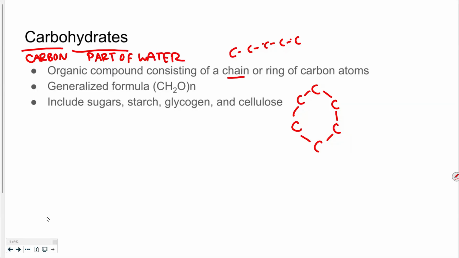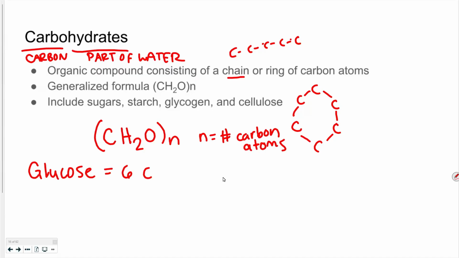And so we're going to use the general formula of carbon plus the parts of water to figure out the chemical formula of any carbohydrate that we're interested in. And they have this general formula of CH2O times N, where N is equal to the number of carbon atoms. Okay, so we have our 6 carbons. So therefore, if N is equal to 6, we can figure out the chemical formula by just plugging it in.